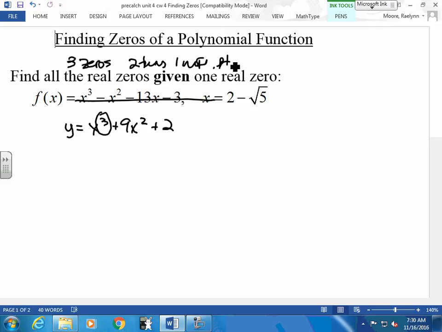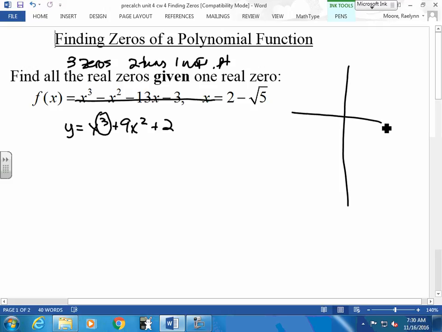Okay, so put this in your calculator. For some reason, I gave you the easier of these. So end behavior says down on the left, up on the right.